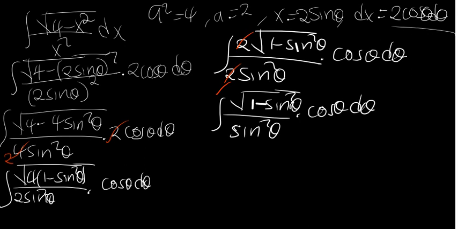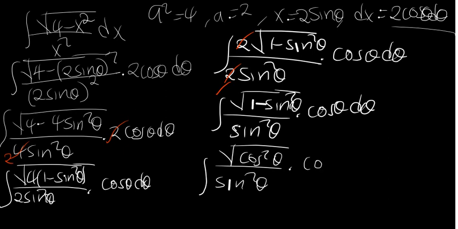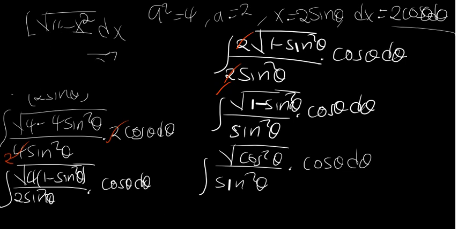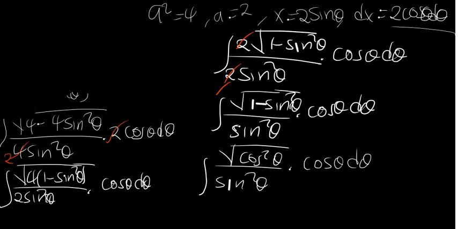We know that 1 minus sine squared theta is equal to cos squared theta, meaning I can replace where there's 1 minus sine squared theta with cos squared theta. So I'll say the integral of the square root of cos squared theta over sine squared theta times cos theta d theta. Let's create space on top there. Okay, now after that, what else do we know?